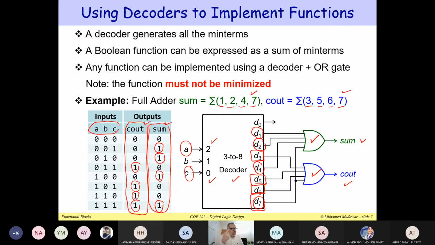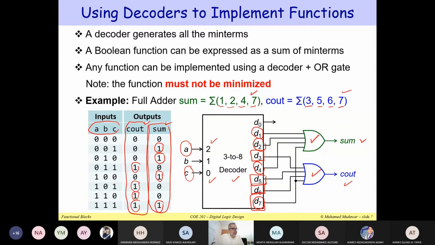You only need one decoder to generate all the minterms, and this decoder can be shared by the two outputs, the sum and the cout. You don't need two decoders, but you need one OR gate for sum and another OR gate for cout. These are 4-input OR gates because we have 4 minterms for sum and 4 minterms for cout.